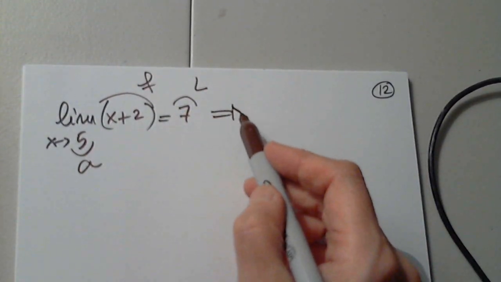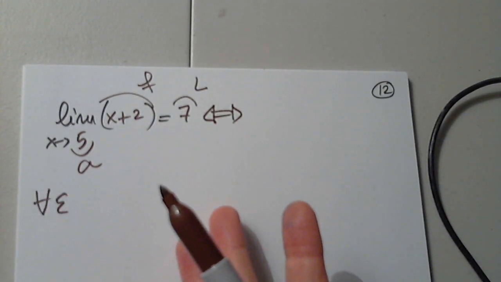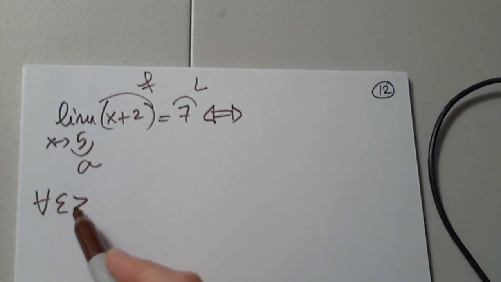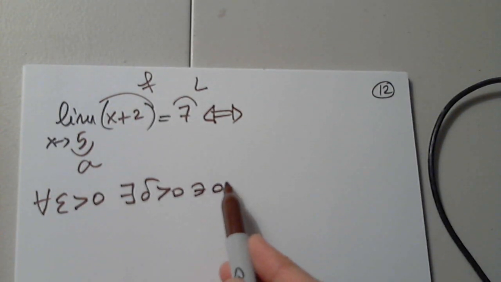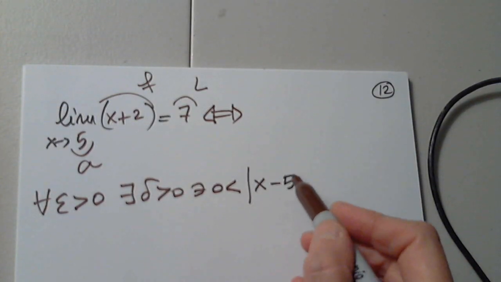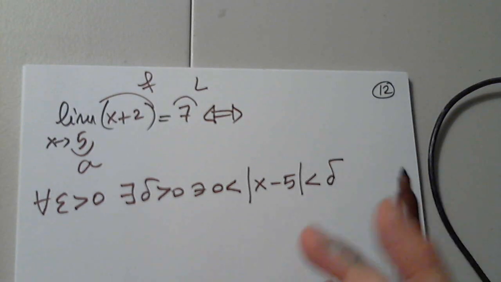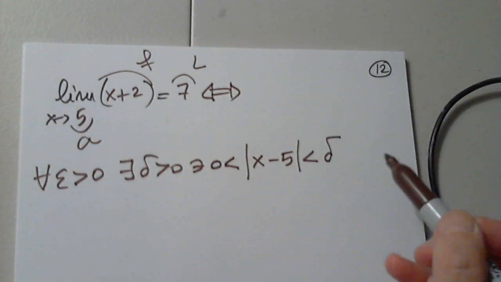And we have to write a definition for every epsilon, in words or symbols. It's up to you. For every epsilon positive, I will find a delta positive such that every time I pick x close to 5, which means the absolute value of x minus 5 is less than delta. So this is a, x minus 5, delta.